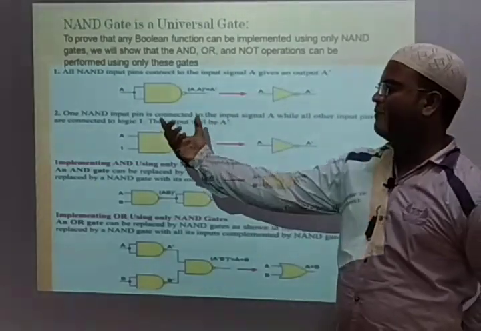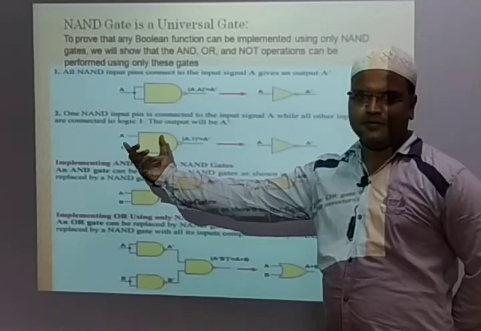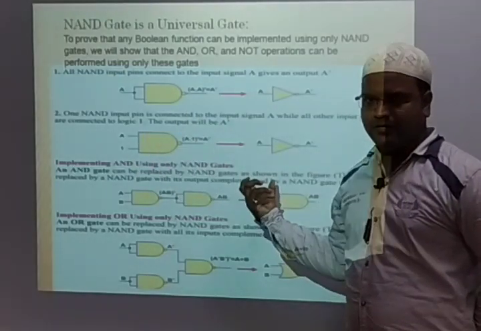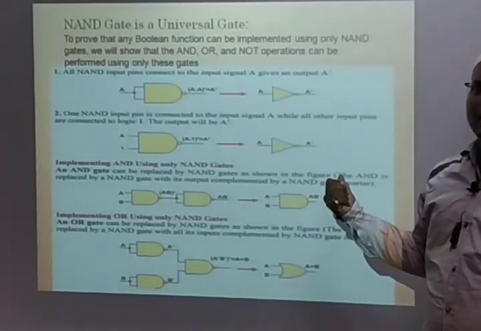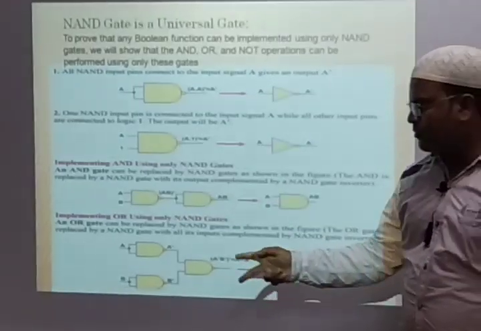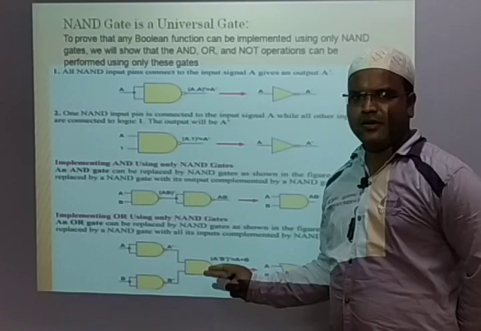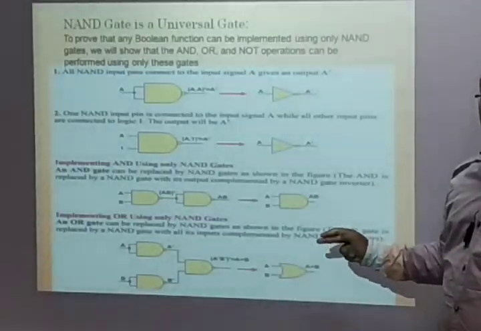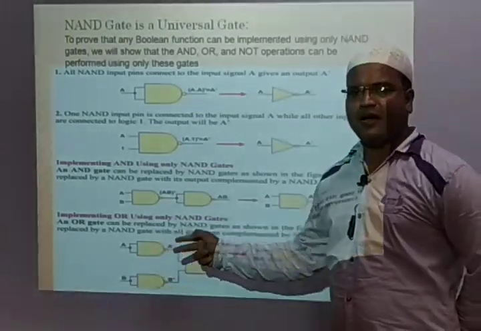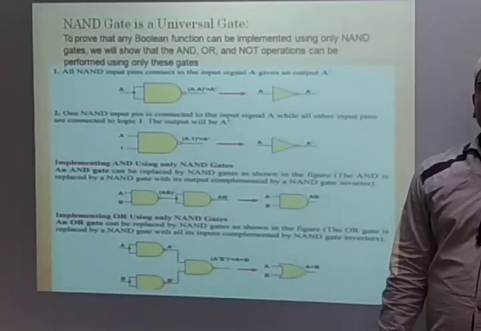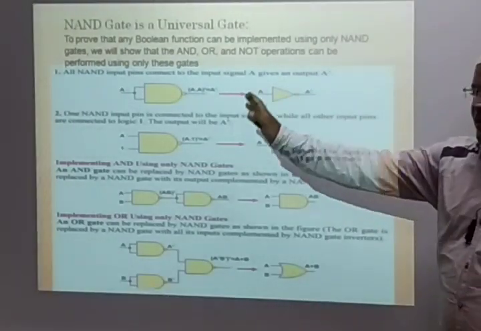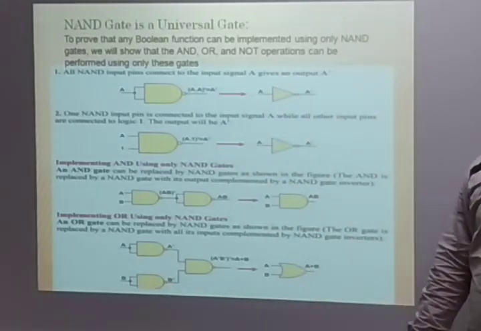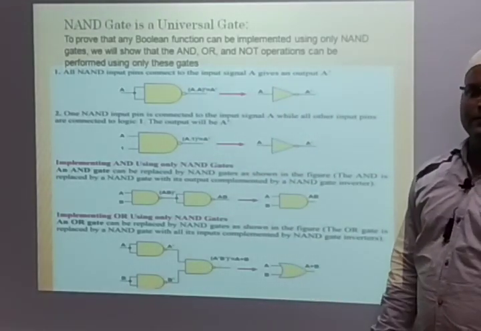Similarly, if we take two NAND gates in series, it's similar to AND. If you're using 3 NAND gates, it's similar to OR. How do we connect that one? 2 are parallel, 1 in series. So this is how your NAND gate functions will work. This complete functionality we will see with the problems.